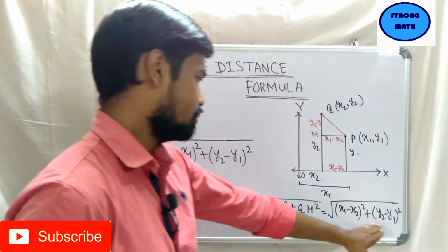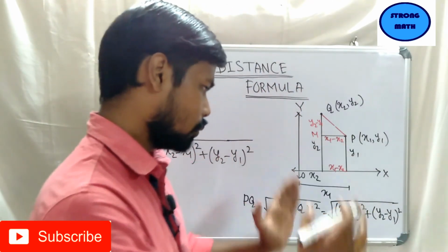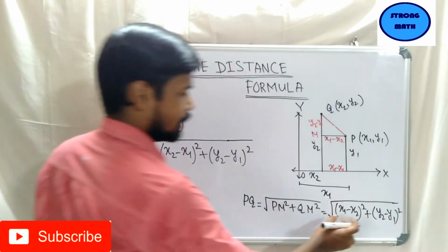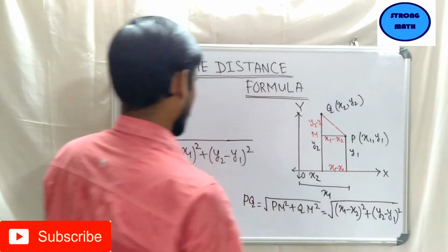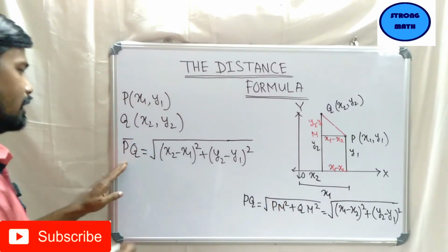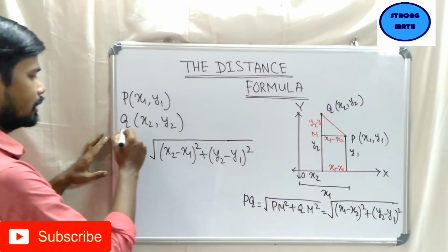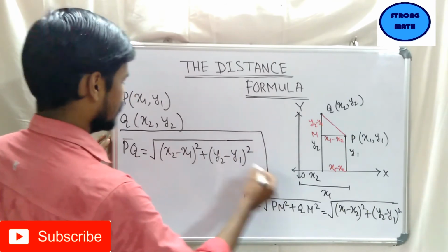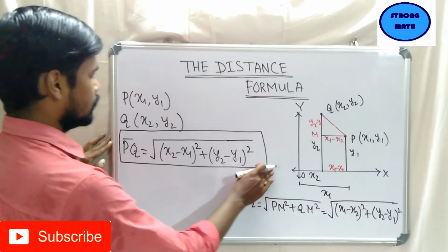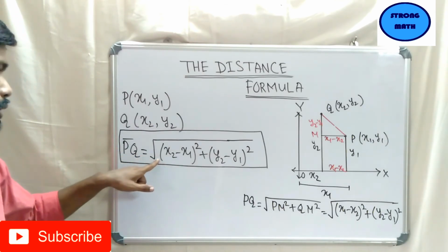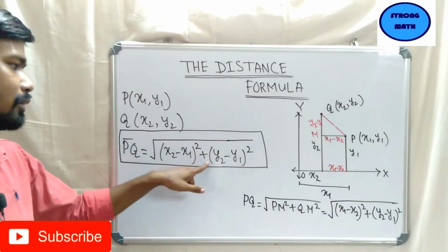As these terms are under the square, x1 minus x2 square and x2 minus x1 square are the same. That's why I have written the distance formula: the distance between 2 points P and Q whose coordinates are x1 y1 and x2 y2 is root under x2 minus x1 whole square plus y2 minus y1 whole square.